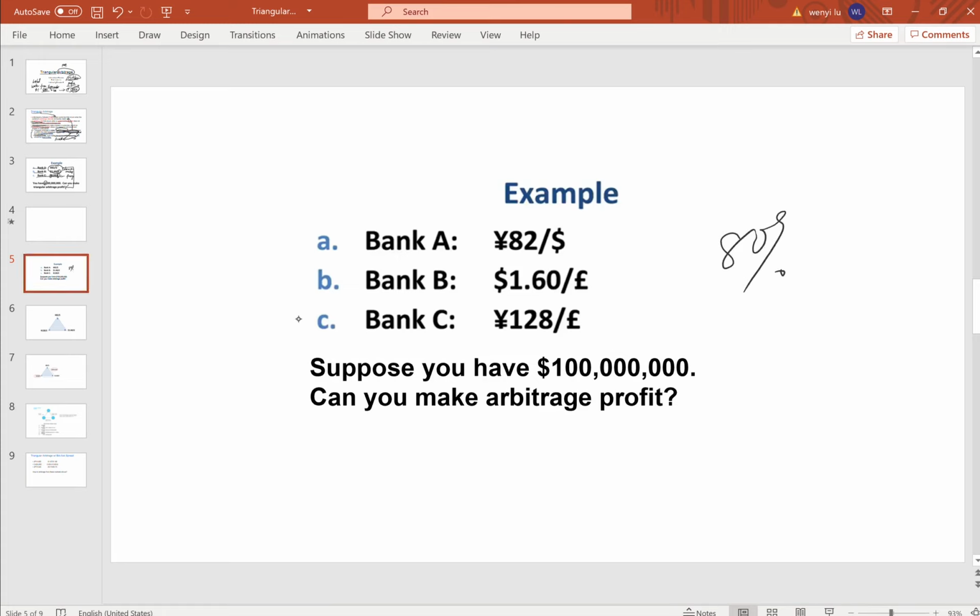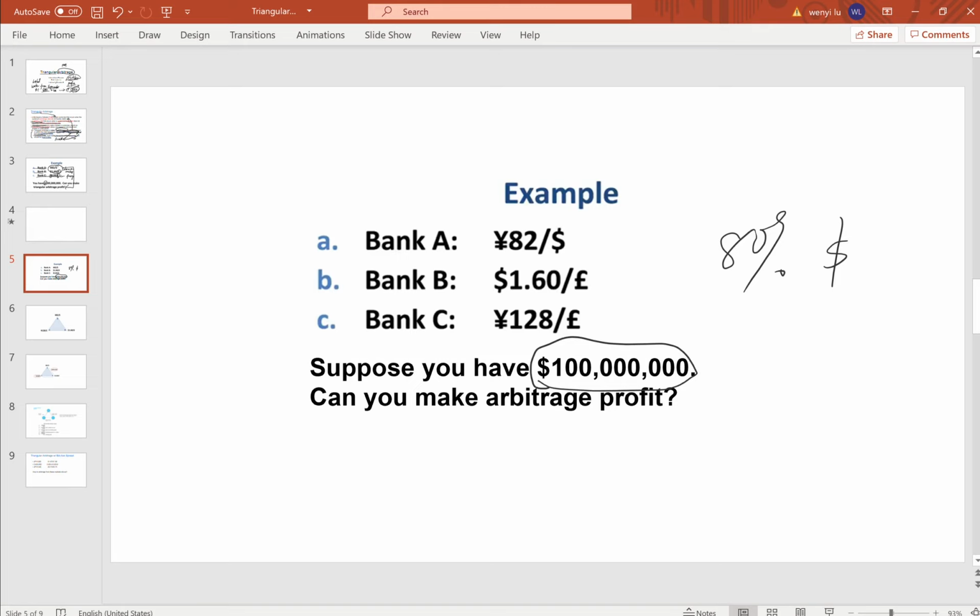US dollars. So it's more typical to assume our investors are at first holding not Japanese yen, but holding the dollars at first.